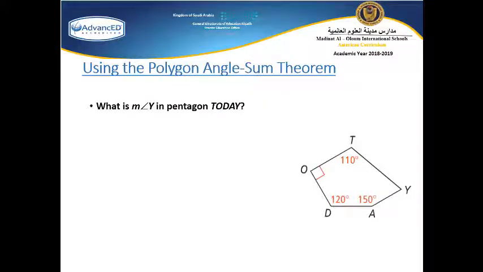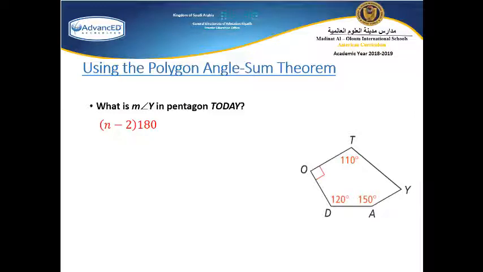Using the polygon angle sum theorem, how do we find the measure of angle y? This is a pentagon, 5 sides. First, we need to find the sum of the interior angles of the pentagon by applying the formula n minus 2 times 180.